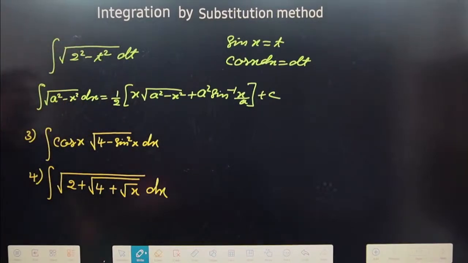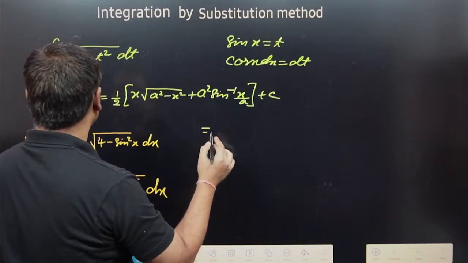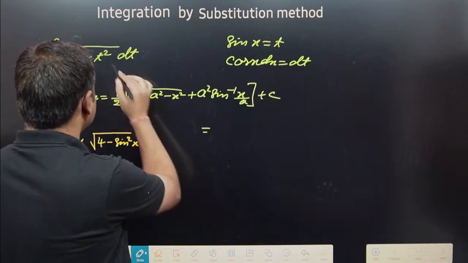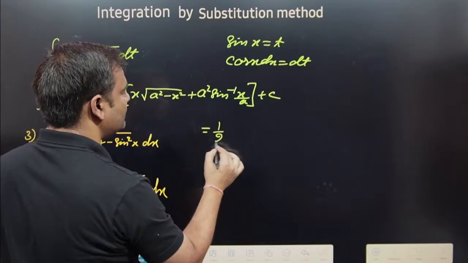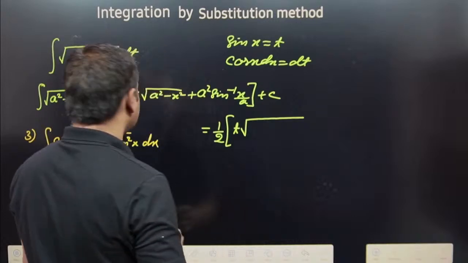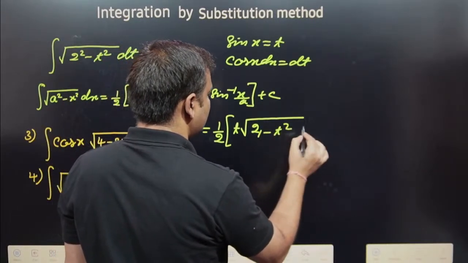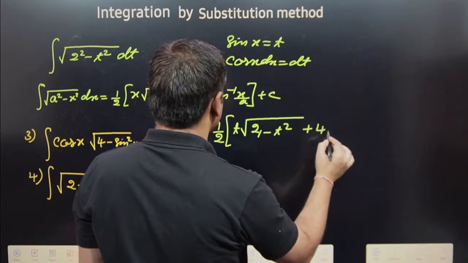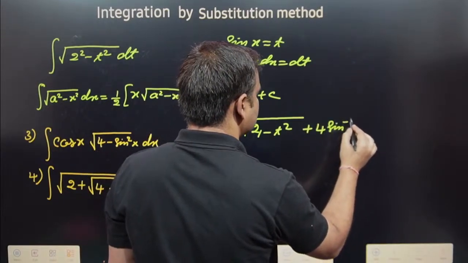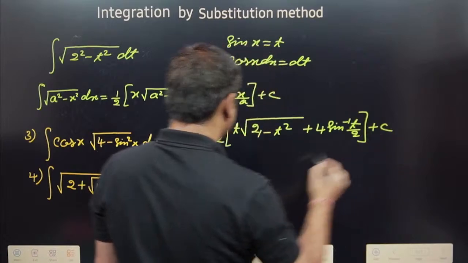Now compare: a is 2 and x is t. So applying that formula here, we get 1 by 2 t under root 2 square, means 4, minus t square plus 4 sin inverse t divided by 2 plus c.